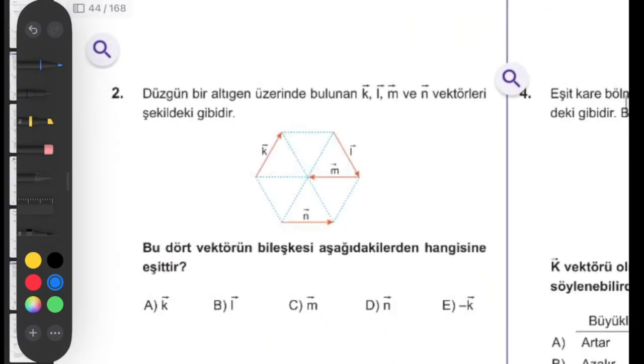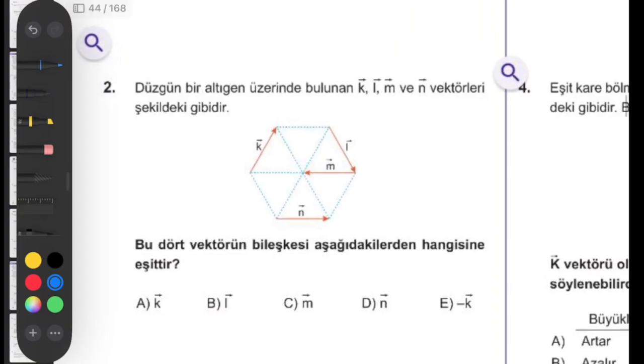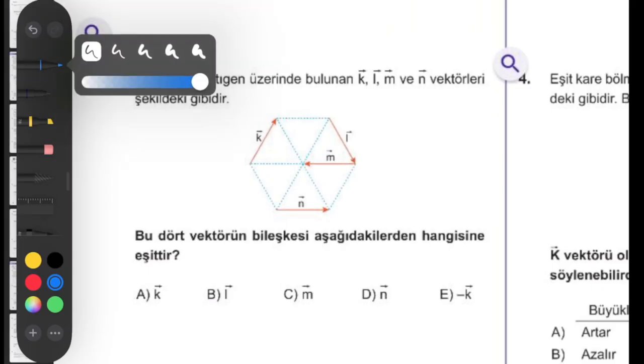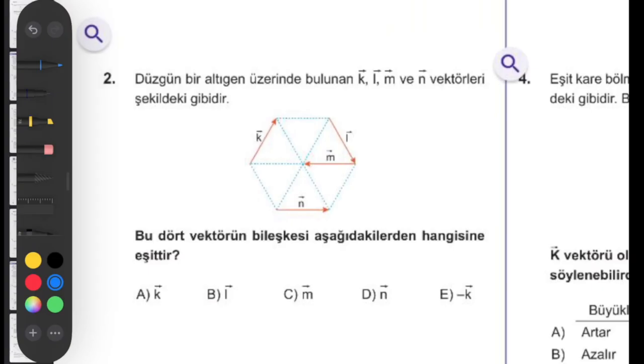Okay, let's find the K, L, M, N vectors. So K, so this N and M, they are the same but different direction. If two are the same and different direction, they can cancel each other, so we can cancel each other.